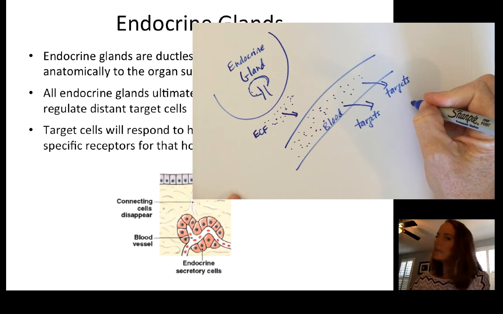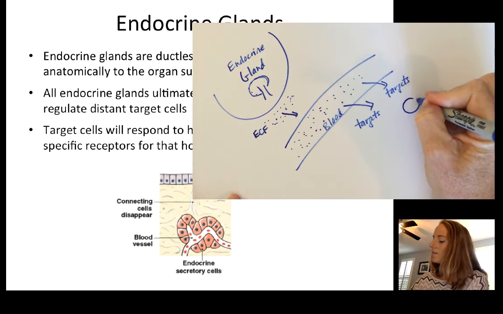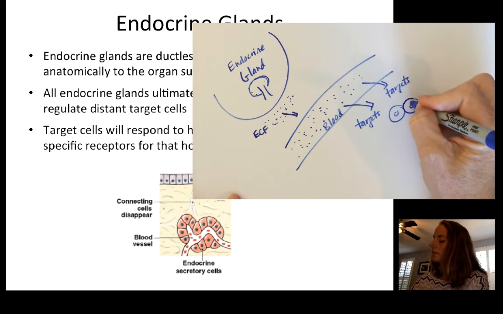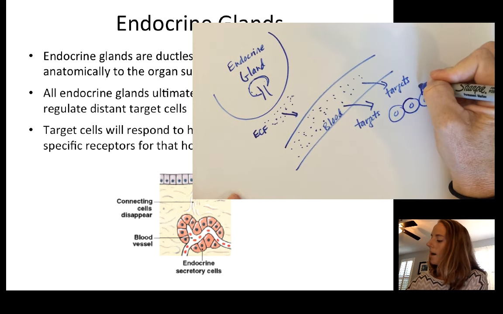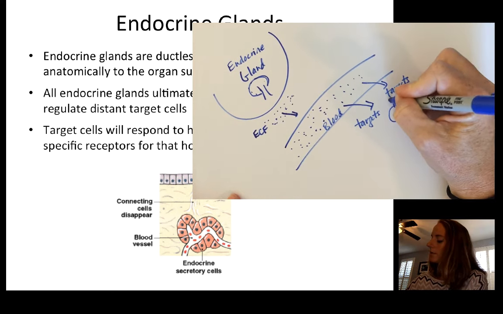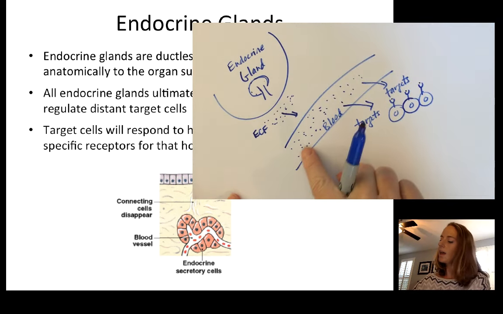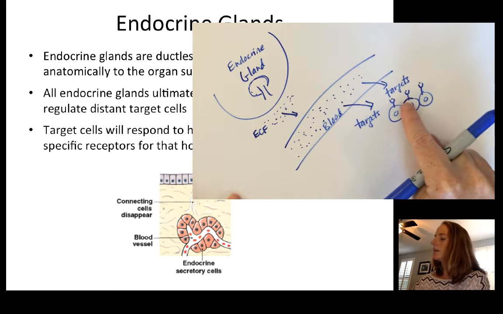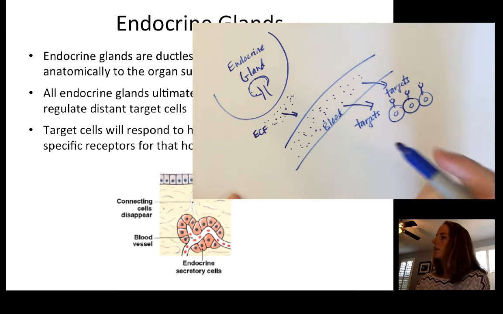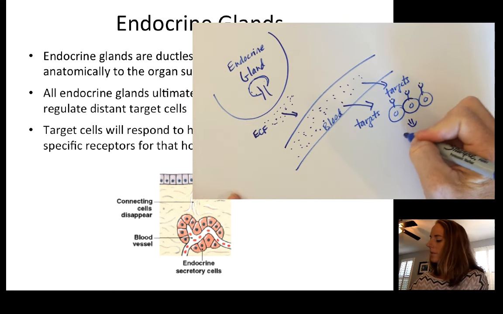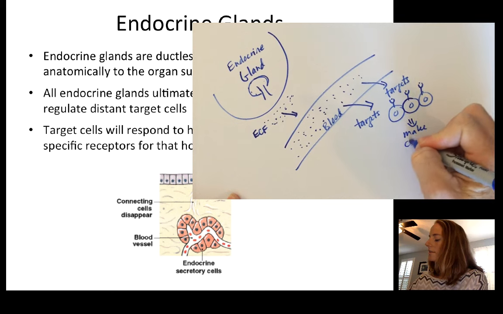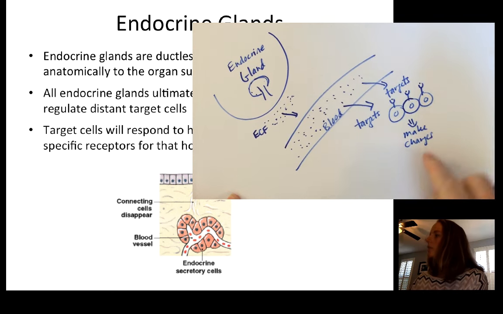But mainly the idea here is that you'll have target cells that will have receptors for that specific hormone. And as the hormone travels through the blood, it will reach the receptors on the target cell and make changes to the target cell.